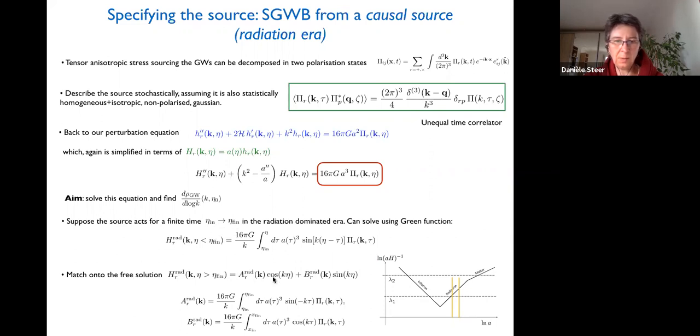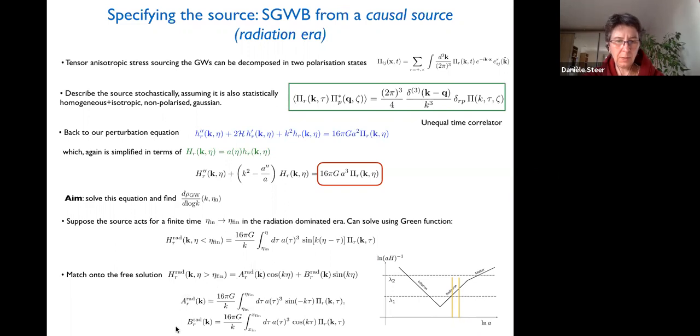So that was a constant times e to the k eta; let's now decompose it into sines and cosines because of this sign here. And it's very easy to match these two solutions at eta equals eta final and find the constants here in terms of these integrals. It's a straightforward matching between here and here at eta final.